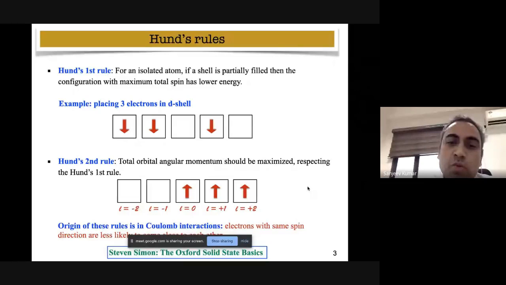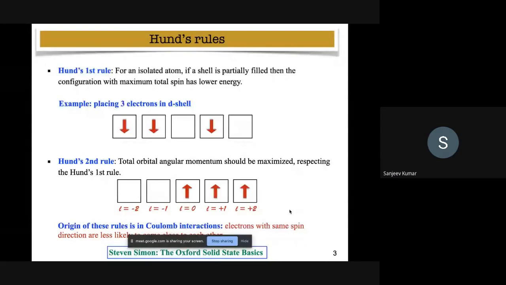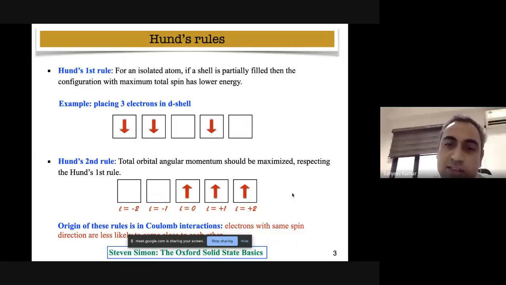If I oversimplify the story, if there are two electrons with the same spin, then it is less probable that these two electrons will come closer to each other. Therefore, the Coulomb repulsion energy will be lowered if they are staying far away from each other. Hence, you want to have the electrons with the same spin orientation so that they don't end up coming close to each other.